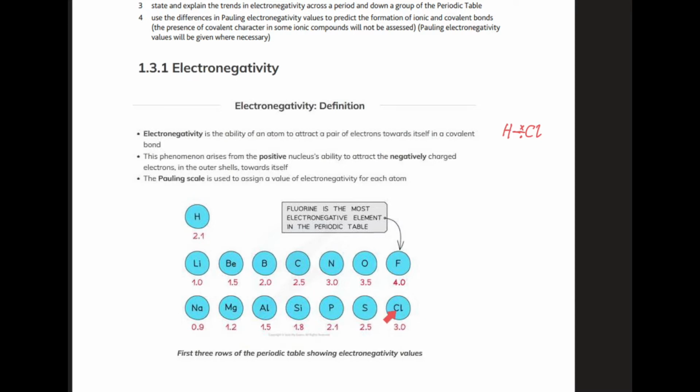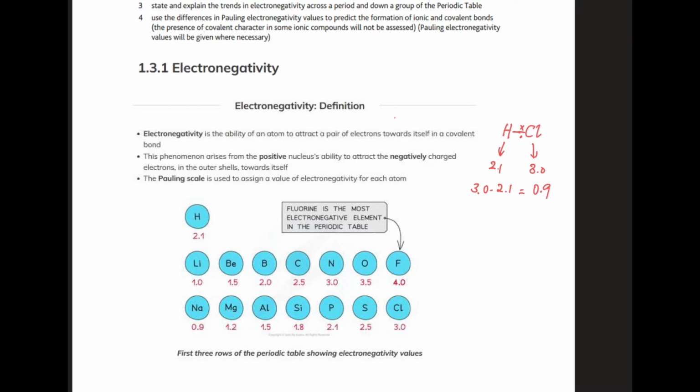You take chlorine 3.0 minus 2.1. So of course you get 0.9. Okay, so if you get 0.9, then is it covalent or ionic? So that is a way to determine.